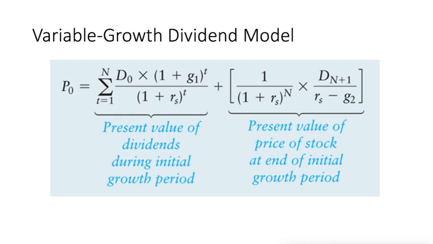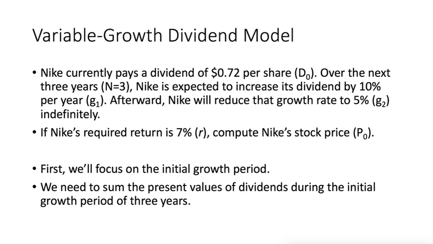Next we'll talk about an example for the variable growth dividend model, which is a bit more complex. It's kind of a beast of a formula, but it's easier if you understand its individual components. In this example, dividends grow at some rate during an initial period, and then grow at another rate afterwards. The example is Nike, which currently pays a dividend, D0, of 72 cents per share.